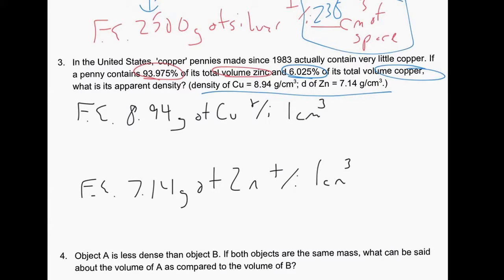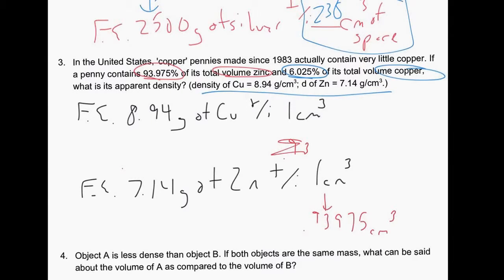Okay, so this tells us that basically this is the percentage. So this is 0.93975 centimeters cubed of space is zinc. And down here, 0.06025 centimeters cubed of space is copper.